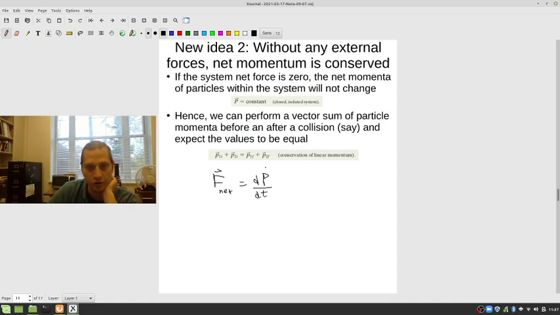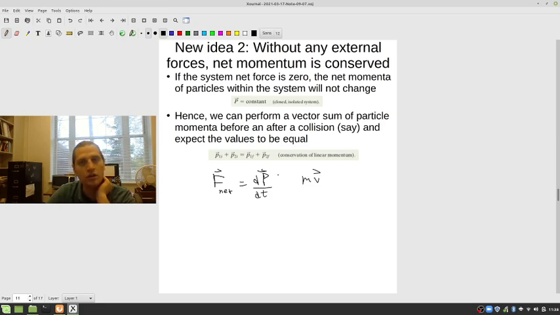In your total system, that P would be the sum of all the m times v of each individual particle. You do a vector sum of all of them. And so if the system net force is 0, so for instance, if the particles are only acting on each other, there's nothing from the outside of the system acting on them, then you're going to have a net momentum that's just constant.